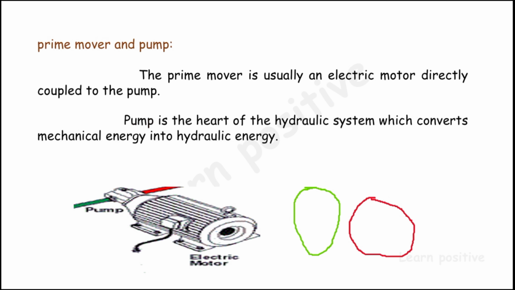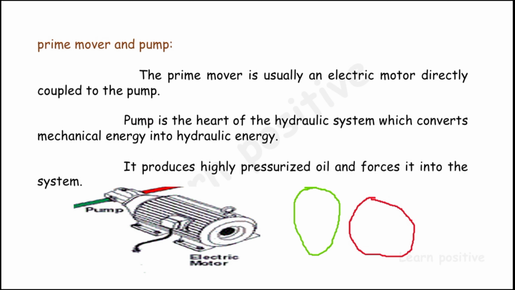To all parts of the body, the heart is pumping the blood. Like that, in this hydraulic system, the pump supplies the hydraulic fluid to the entire system, so it is said to be the heart. In another image, it produces high pressured oil and forces it into the system.